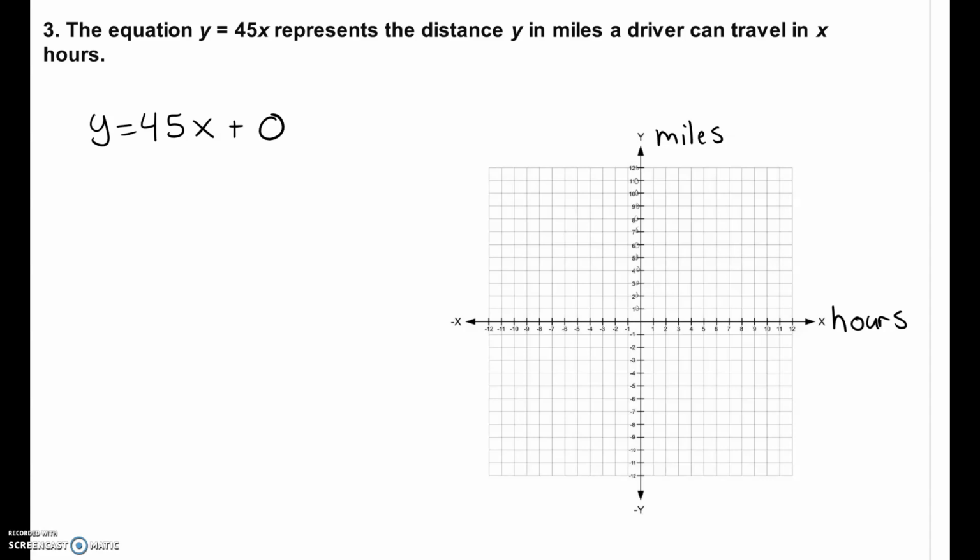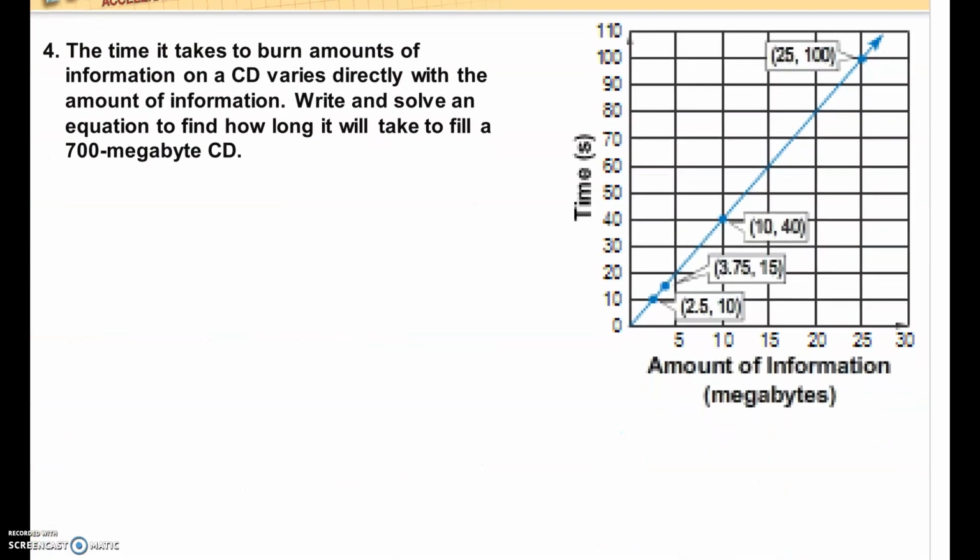So at 1, we're going to get 45, which is right in between 40 and 50. So I'm going to put my dot right there. At 2, we're going to go up another 45, which puts me at 90. And then we can't really go any further. So I'm just going to stop there. So similar to our last one. Okay, nice job.